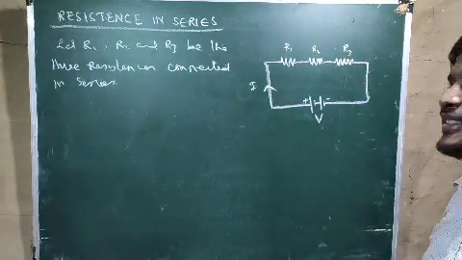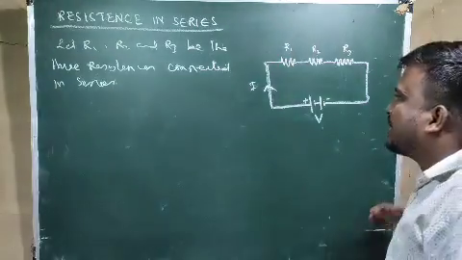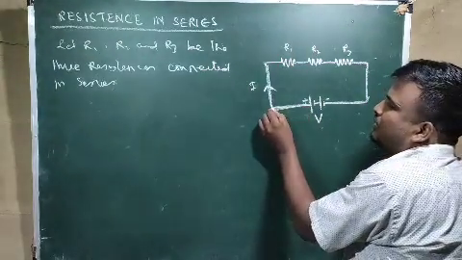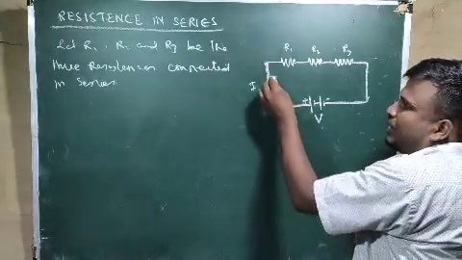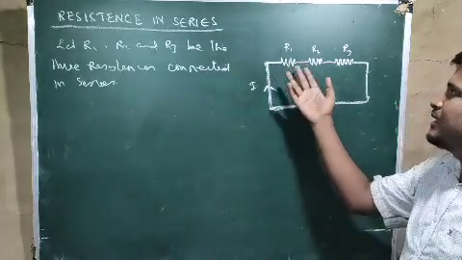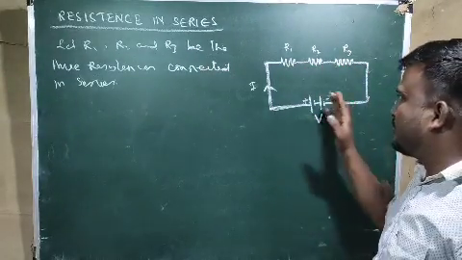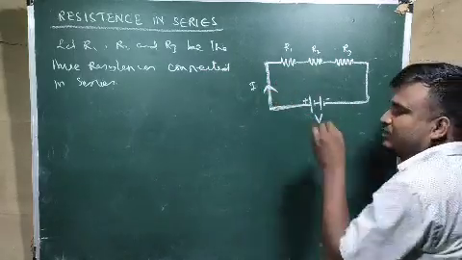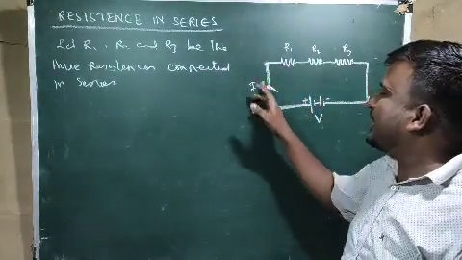Now you have to assume this like a bridge. Suppose this is a river, and the river is flowing in this direction. There are three bridges over it: first bridge, second bridge, third bridge.